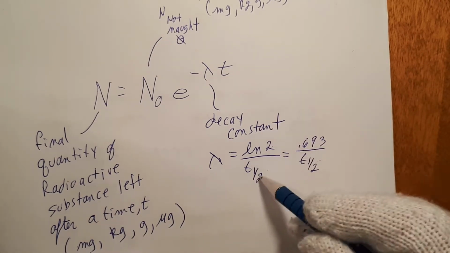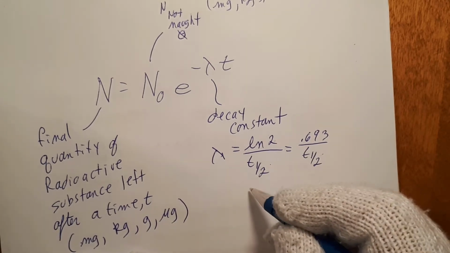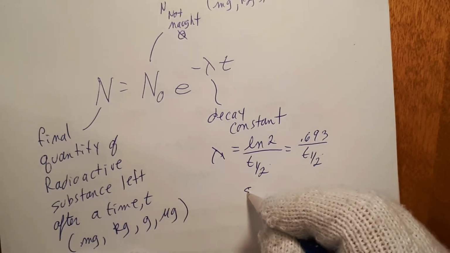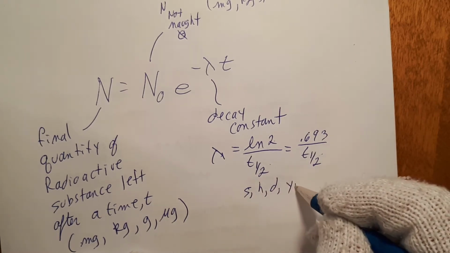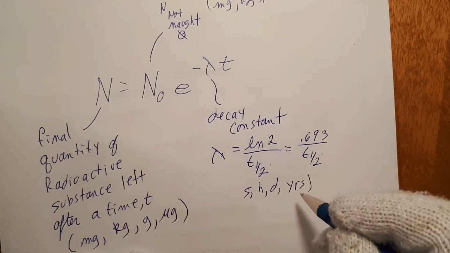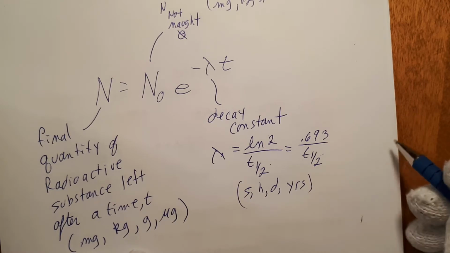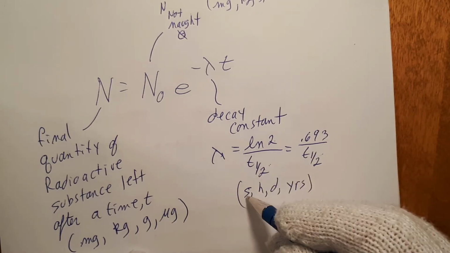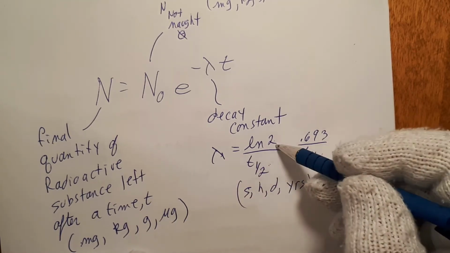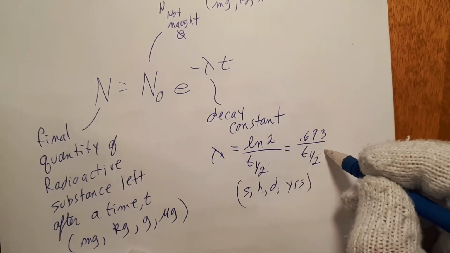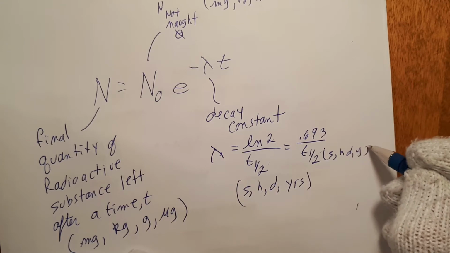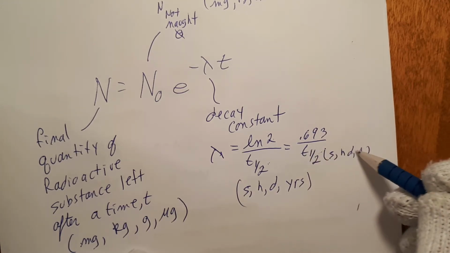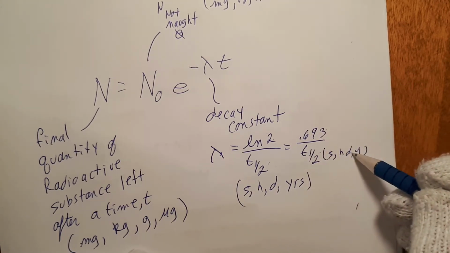And since this is in time, the units are going to be in seconds or hours or days or years. And it'd be in the denominator, so it's per second, per hour, per day, per year. For the time portion, that's a constant. This is where the time is.